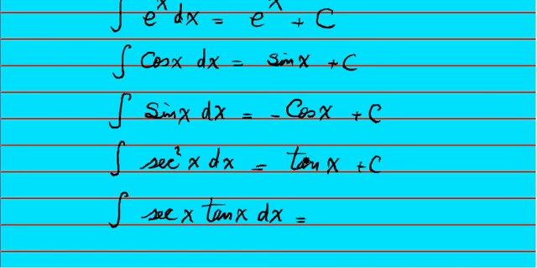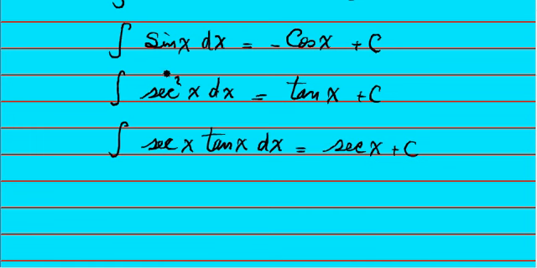So for these very basic ones, it's very important you practice them very often, so that you can answer each of them in less than a couple of seconds. And then when it comes to the complicated ones, you will be able to go through all the maze that you need to go through to get the answer. Here, antiderivative of secant tangent is, of course, secant of x plus a constant.